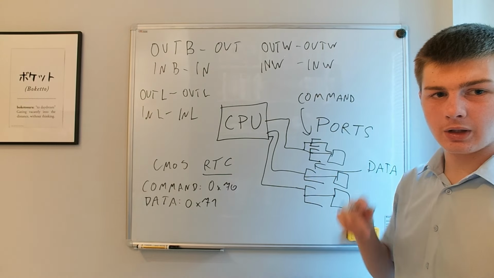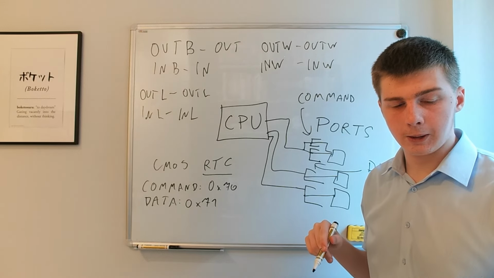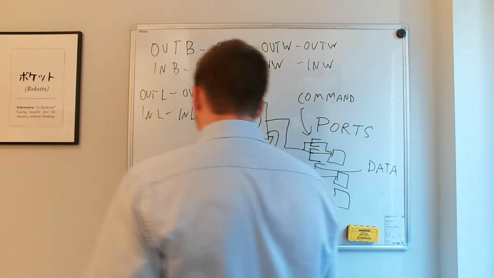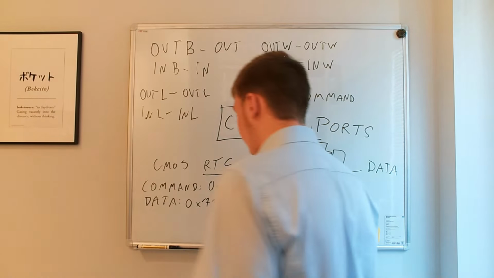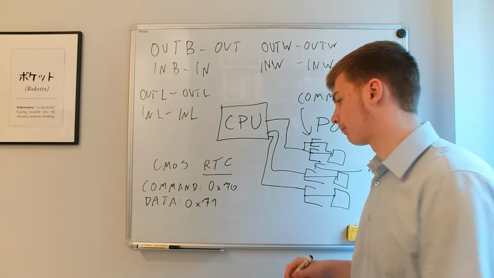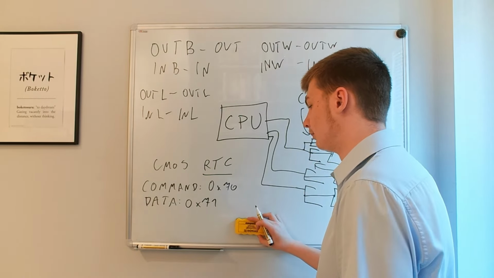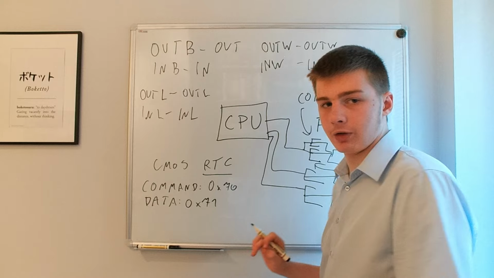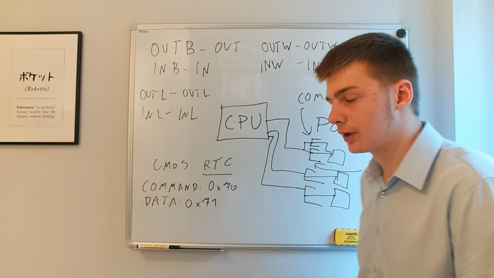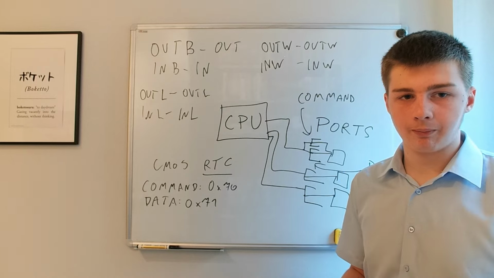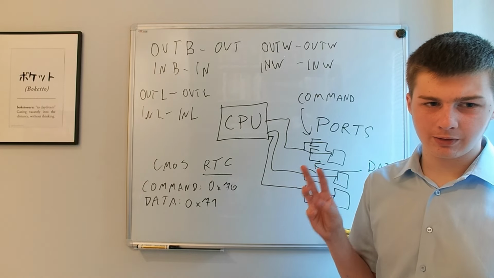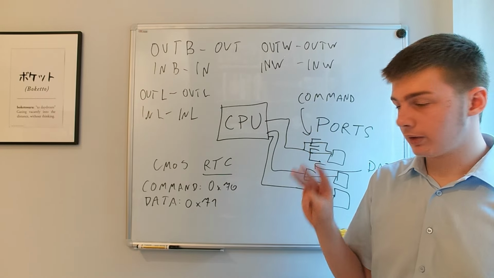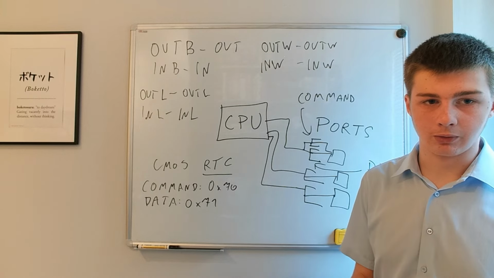It could be just a value, if I remember correctly. Command is also a value. The type of command specifies what exactly to do. So I will talk about three different things that we want to get.